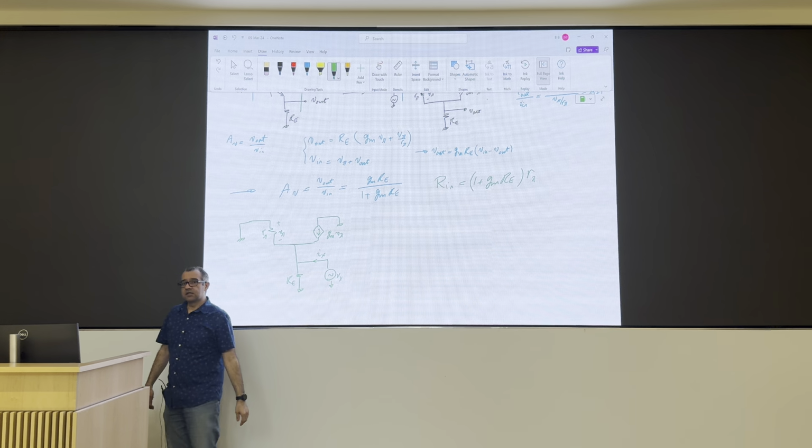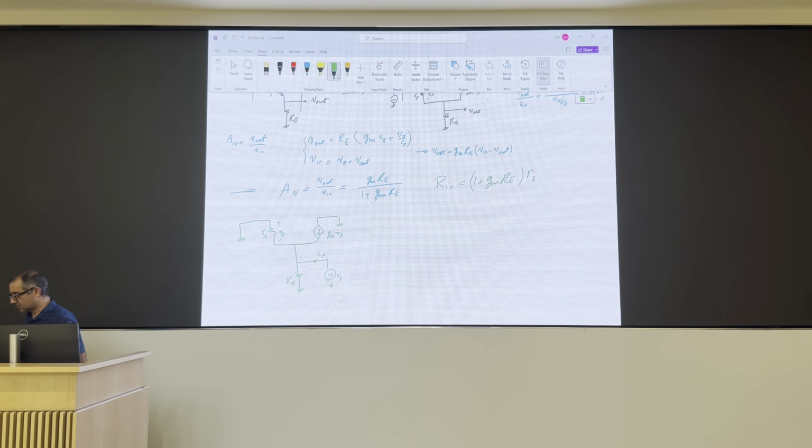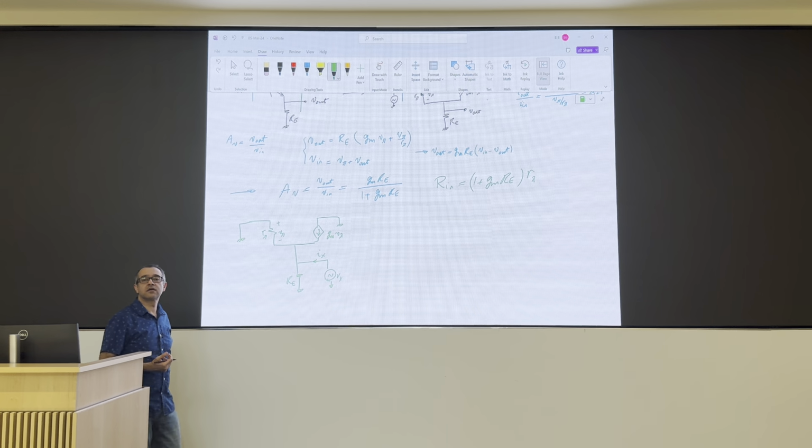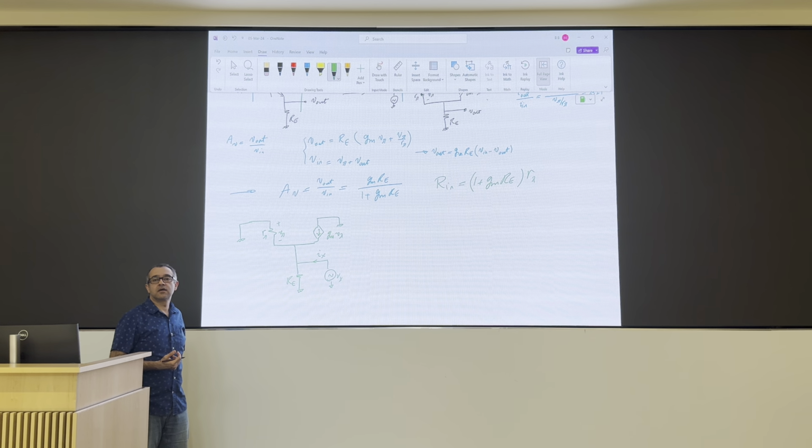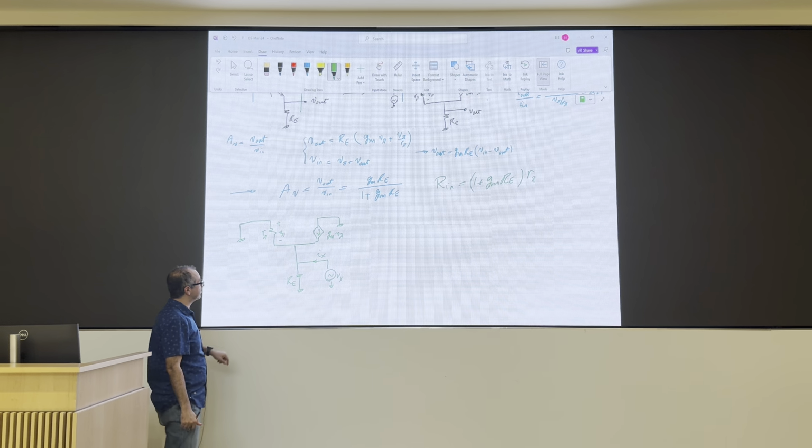How do I do that? You're trying to find the current, usually KCL is your friend. Isn't it? Would it be the current source plus the current across R pi? No, no, no, this time we have to wait.